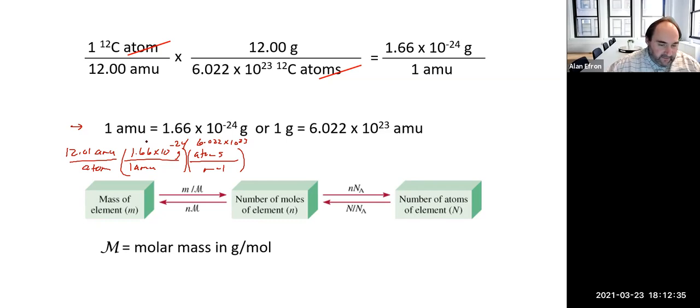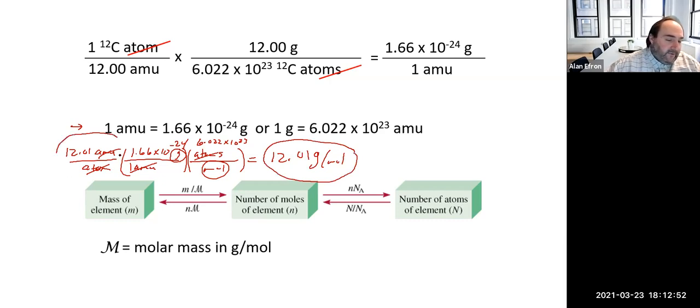If you do this whole conversion, atoms cancel, AMU cancels, leaving grams per mole, and you end up back at 12.01 grams per mole. So numerically speaking, using the conversions between AMU and grams and Avogadro's number, it gets you to the same number. That's why we say the AMU per atom, the atomic mass, is the same as the molar mass numerically, because it actually does work out that way.